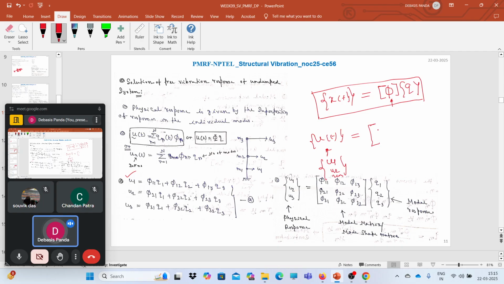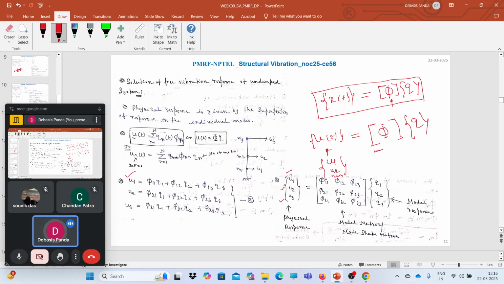The phi matrix contains the modal information, that means your first mode, second mode, third mode, multiplied by your generalized coordinate q. Say for example here we have three degrees of freedom and three mode shapes. So the physical response u1, u2 and u3 will be, this is my modal matrix.